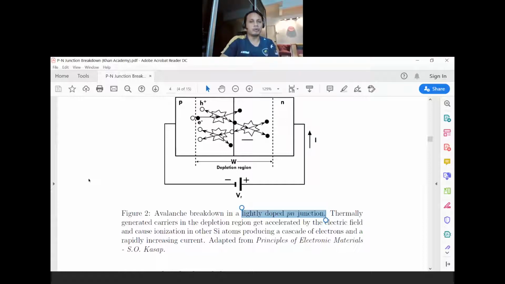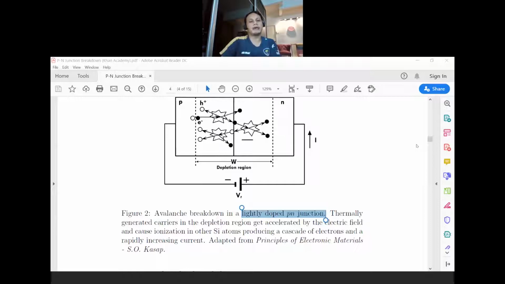The moment you dope the silicon with, for example, phosphorus, the phosphorus will replace the silicon in the bond, and the phosphorus will be in the lattice. So silicon is still in the depletion region, and the valence electrons of the silicon are still there.